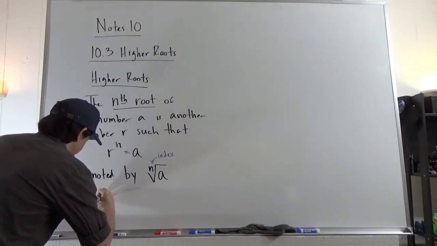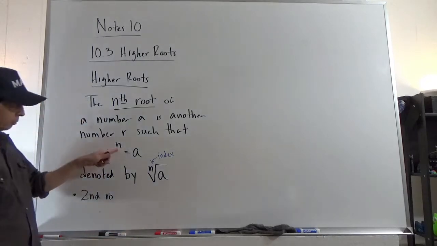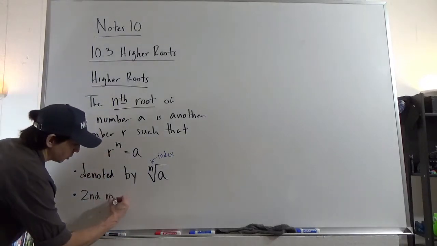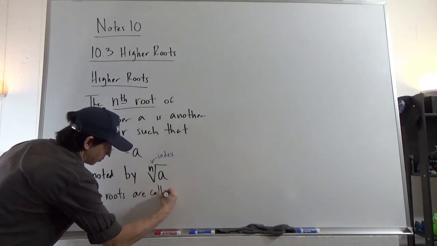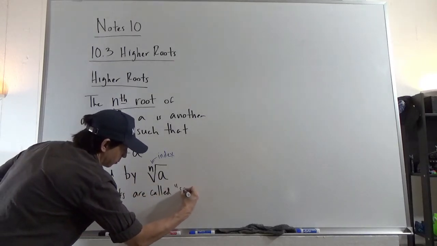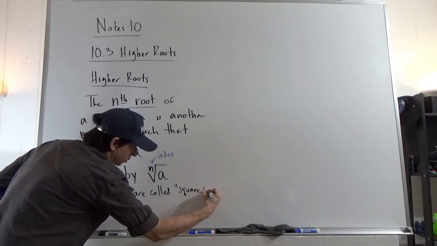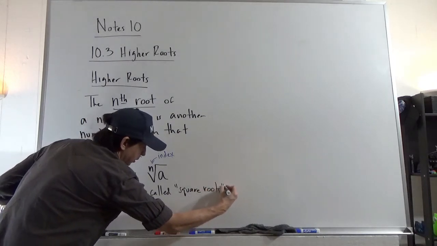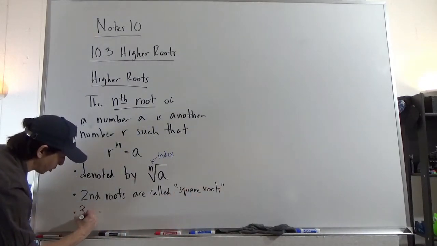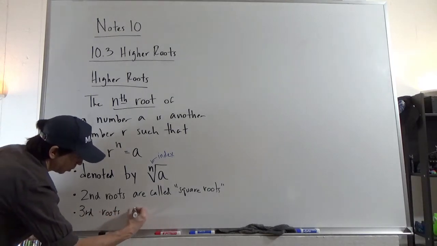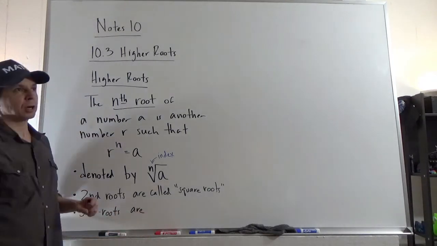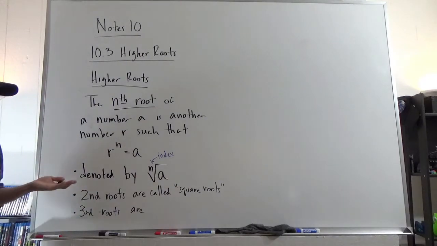Square roots are essentially second roots because that power there will be a square, or second power. Third roots are called cube roots, or you can call them third roots, either one. But anything beyond that, you have to actually use a number. There's no shorthand for a fourth root.